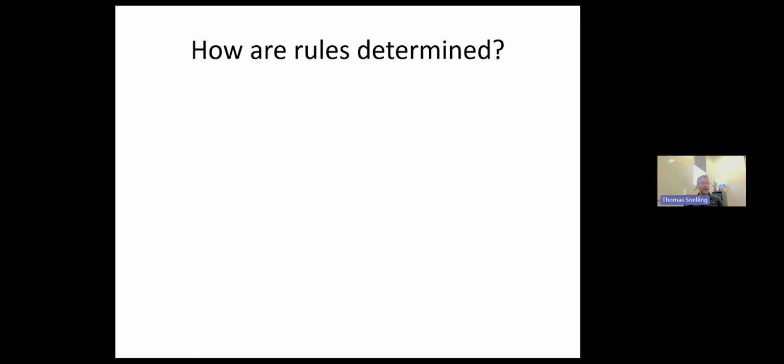How are these rules determined? It's important to point out that typically rules for more complex adaptive trials are bespoke for each trial.